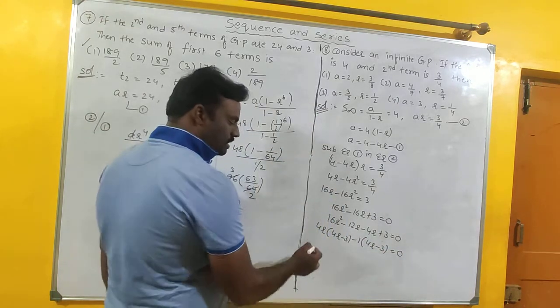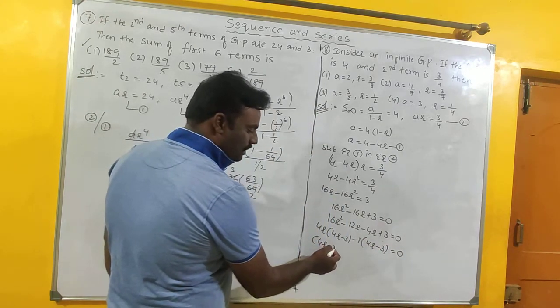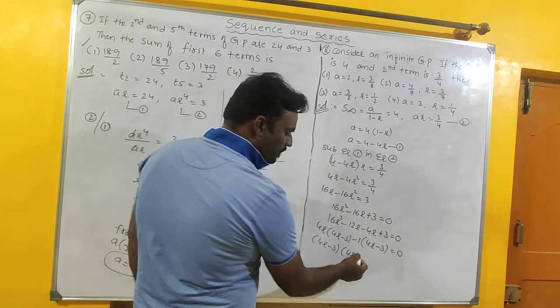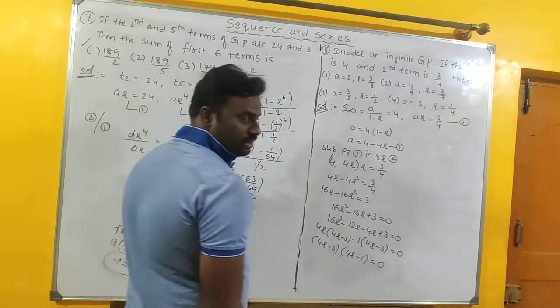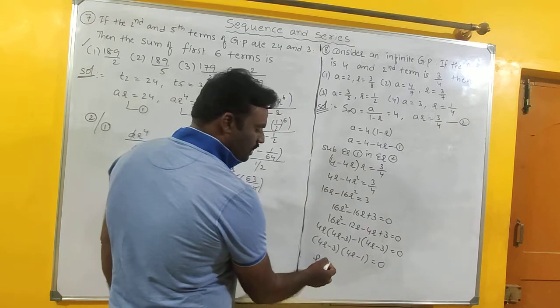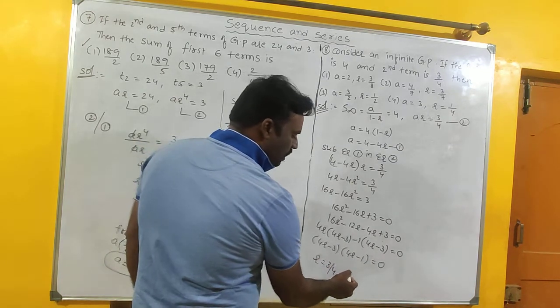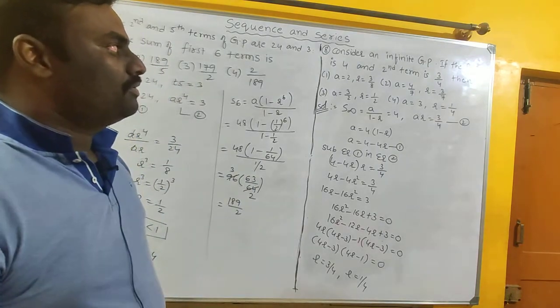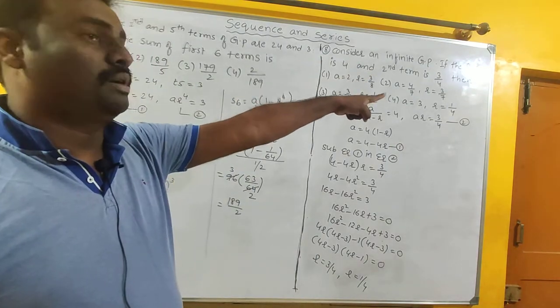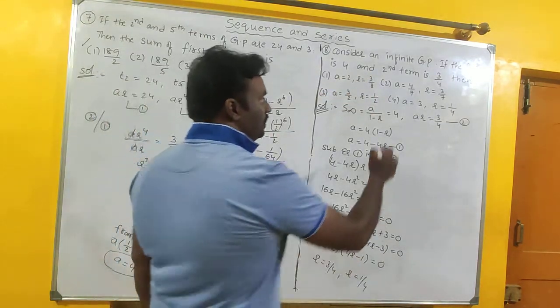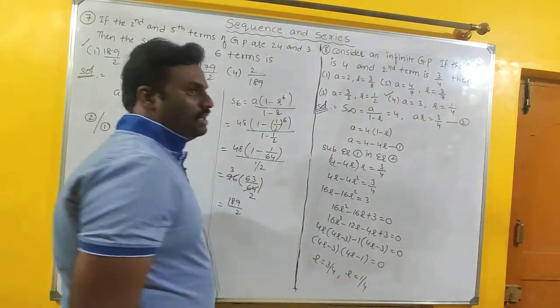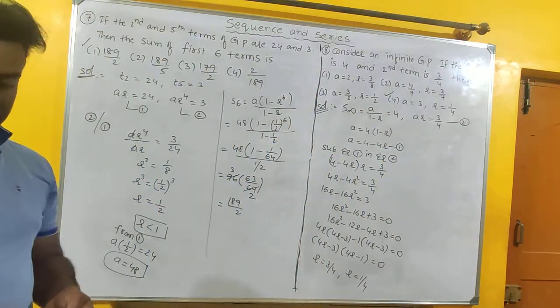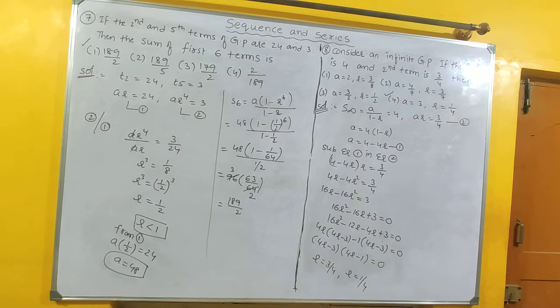Now we get 4r minus 3 common, then 4r minus 1 equals 0. From this we get r value is 3 by 4 and r value is 1 by 4. This 3 by 4 is not in the options, but 1 by 4 is in the options. Therefore, the fourth option is the correct answer for question number 8.